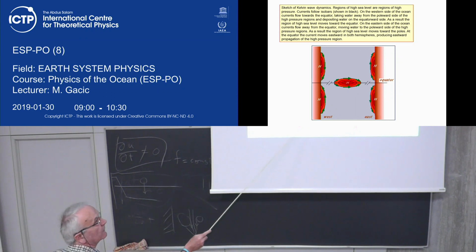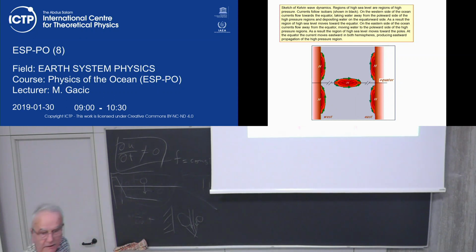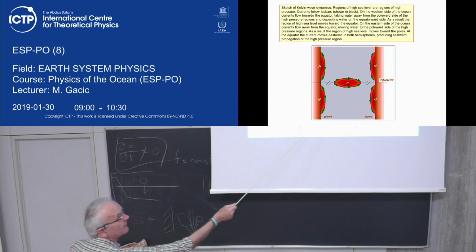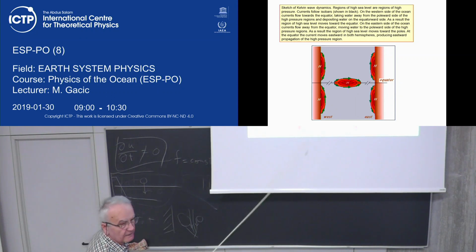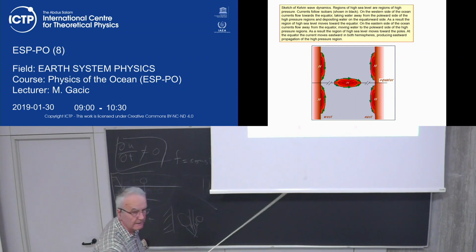These coastal Kelvin waves meet at the equator and progress toward the eastern coast of the Pacific, and then again separate into two coastal Kelvin waves, one going northward and the other southward. They go in opposite directions because of the change of the Coriolis parameter. So in the northern hemisphere they leave the coast on their right, and on their left in the southern hemisphere, and they are trapped along the equator.